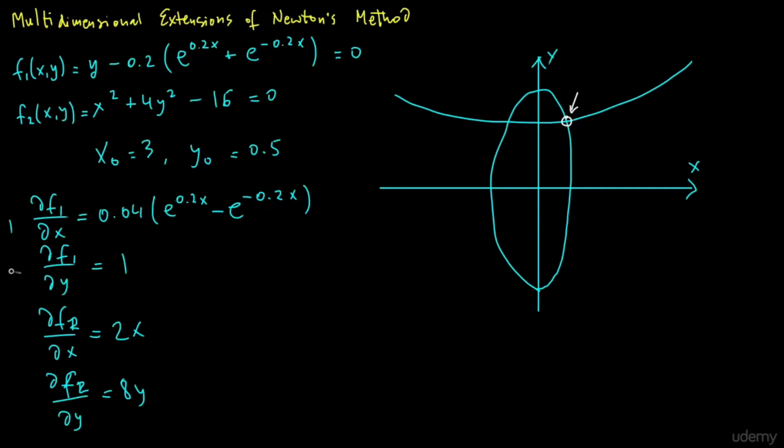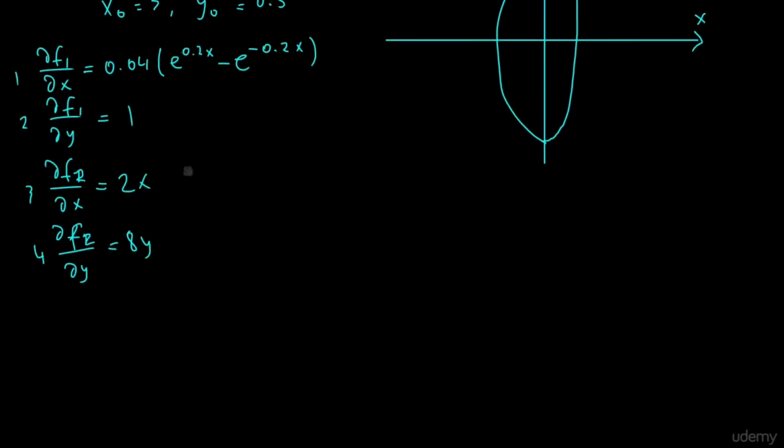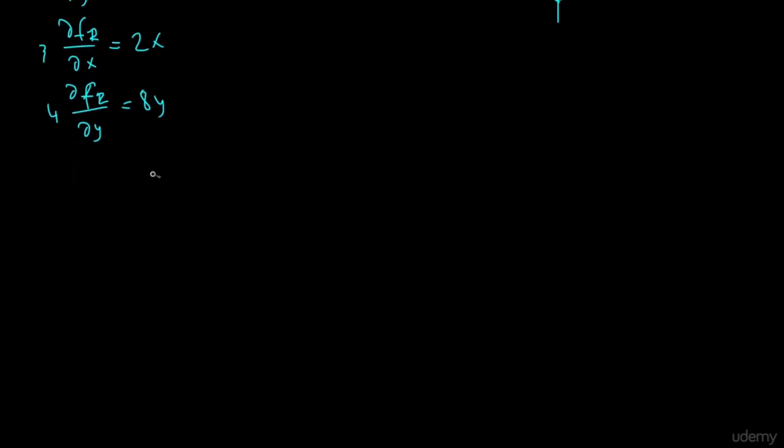So now we have the 1, 2, 3, 4 partials, and we can build a Jacobian matrix out of them and calculate the determinant. So essentially what we're interested in is the Jacobian determinant for functions f1 and f2, and this is the determinant of the 2 by 2 matrix composed of their partials.